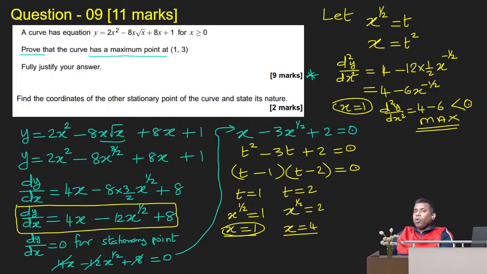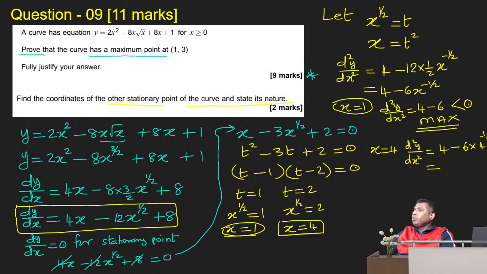Next one, find the coordinates of the other stationary point of the curve and state its nature. We already found another possible point, which is x equals 4. So when x equals 4, d2y over dx squared equals 4 minus 6 times 4 to the power minus half.